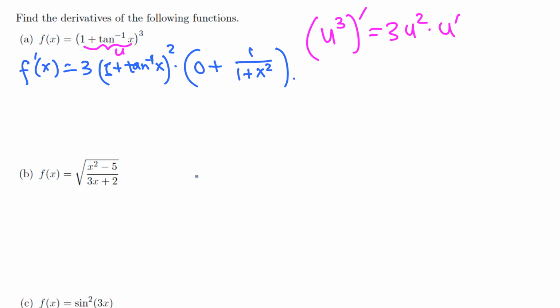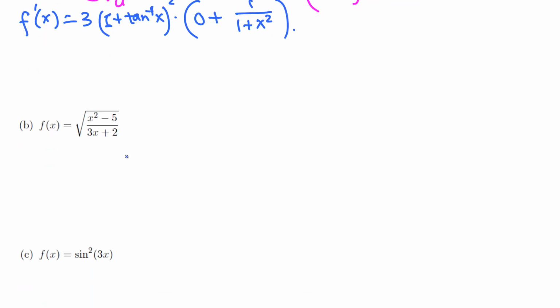This is it. In part B, we have the square root of this fraction, which is in fact raised to 1/2: (x squared minus 5 over 3x plus 2). Now we need to assume everything inside is one function, let's say u, so u raised to 1/2.